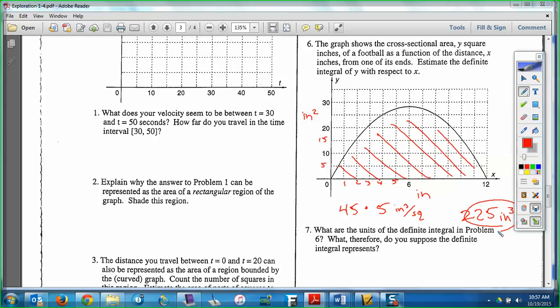Now I suppose he could print it on a 3D printer, right? You could do that. Or maybe it's so large, some big, huge component of some large machine, that dunking it in water to find the volume is just not practical. And so having a mathematical way of finding the volume of some odd shape that doesn't fit one of our geometric formulas might be a useful thing to do.